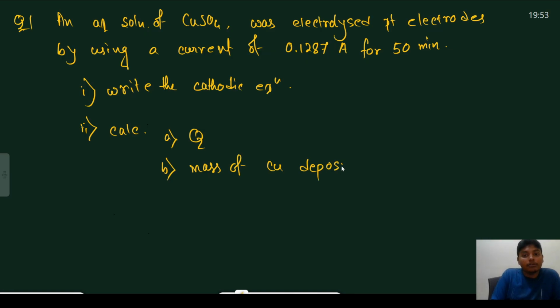I will not write whether copper is deposited at the cathode or anode; that you need to find out. Given that 1 Faraday is equal to 96500 coulomb per mole. Okay, go ahead. Giving you 5 minutes.